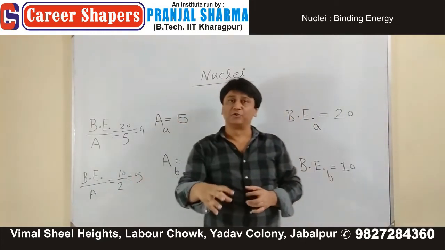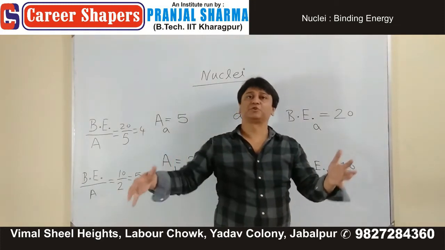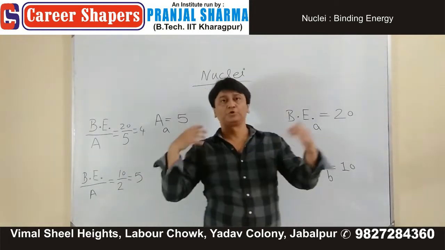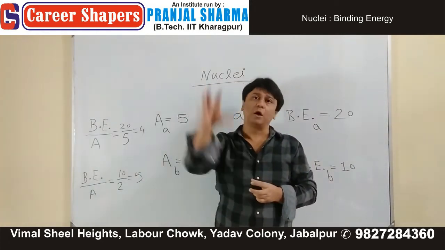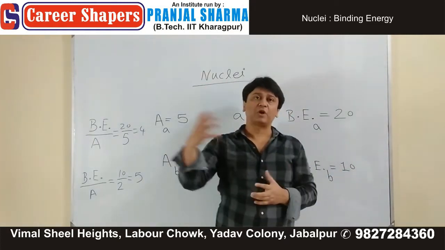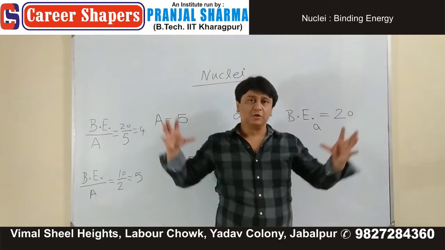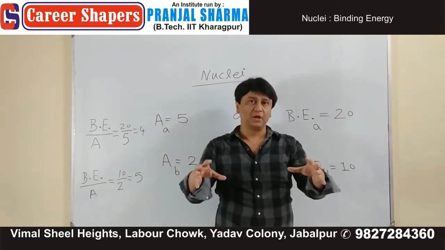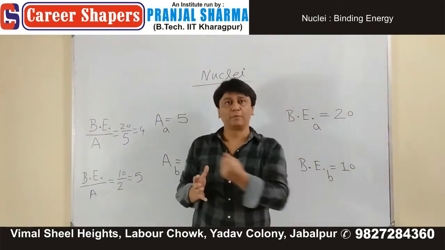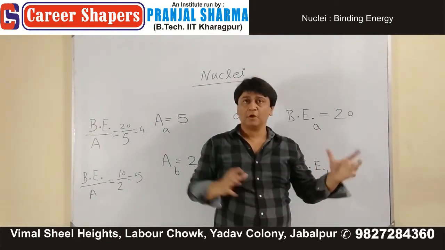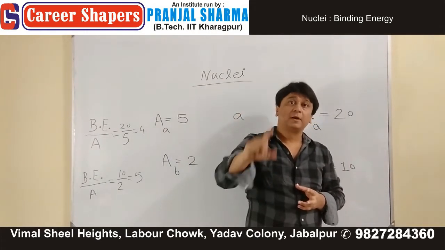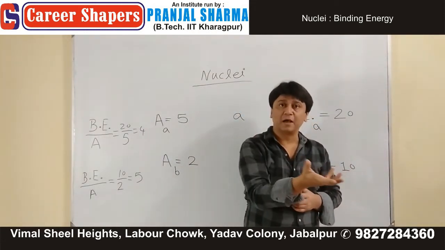Whenever we provide energy, that energy will be distributed in the whole sample. Understand again. You start with 1000 joules of energy, not 20 or 10. The moment you give this 1000 joules, this energy is going to spread out over every nucleon present inside the nucleus. So every nucleon gets 1000 divided by the number.